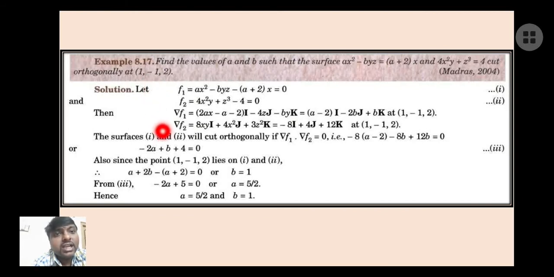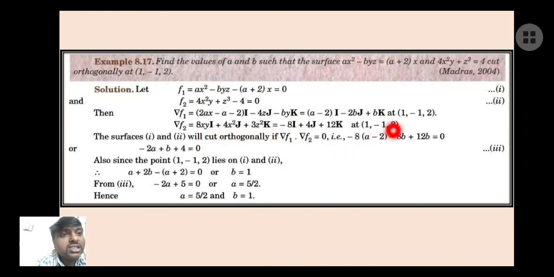In the same lines, I am calculating del f2. That means the normal vector to the second surface. So del f2 is equal to 8xy i plus 4x square j plus 3z square k. It is obtained by taking partial derivatives of f2 with respect to x, with respect to y, with respect to z.